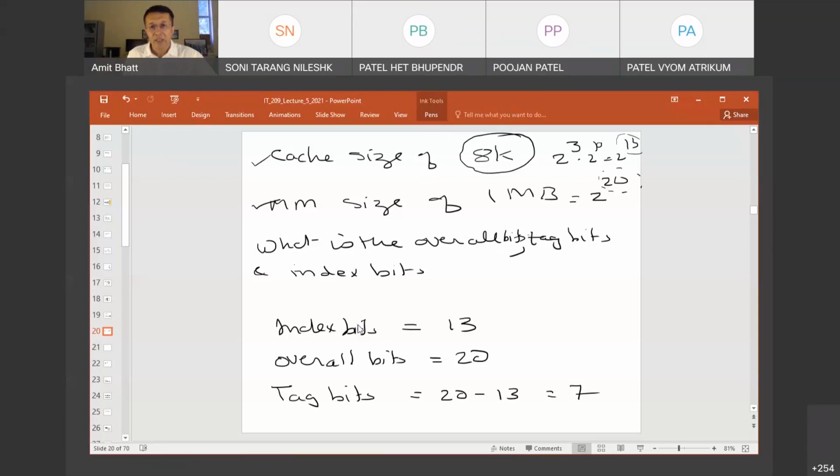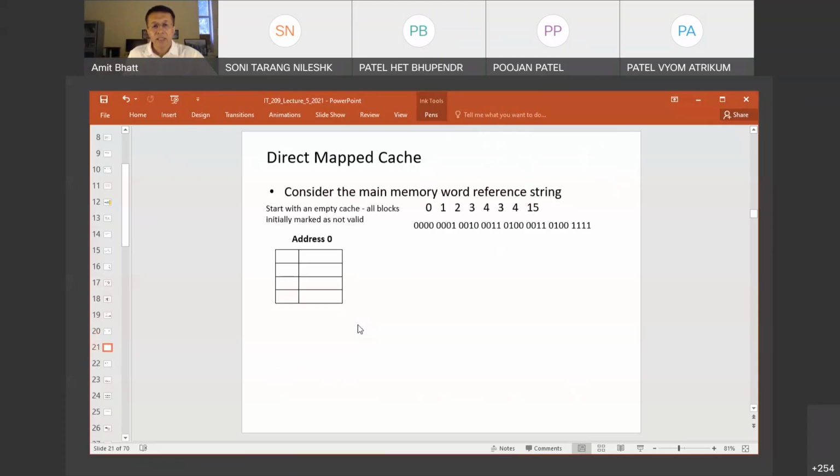Okay. Now let us see the problem of a direct map cache. You are looking at addresses which are given in decimal as 0, 1, 2, 3, 4, 3, 4, 15. In this order, you are requesting the references.